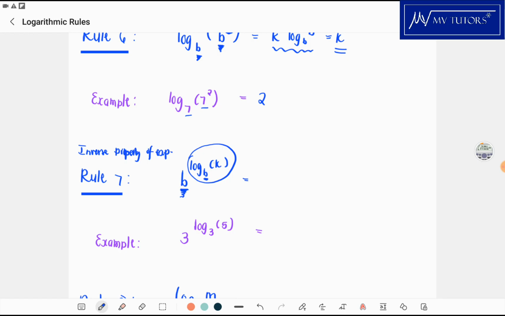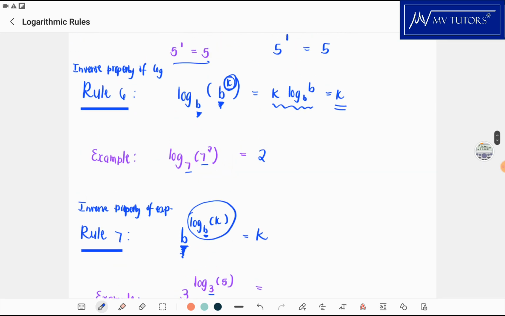We have log k. Raising the logarithm of a number, which is k, to its base is equal to the number. So as long as the base here is our base here as well, then our answer there would be k. The bases here are the same, similar to rule number 6.